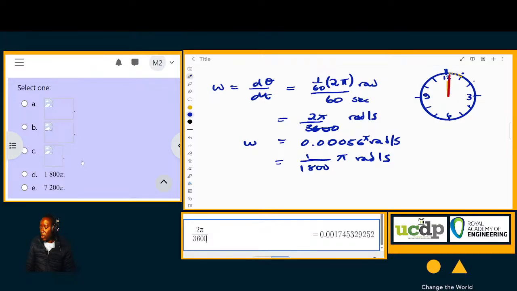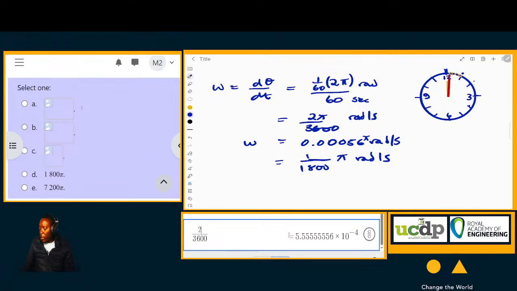Did I put it right? Which is π over 1800. Okay. The fraction there, why did I see something different? Was it expressed without the pi there? Yeah, so that's right. 0.00056 radians per second. Okay, so everything is all right.